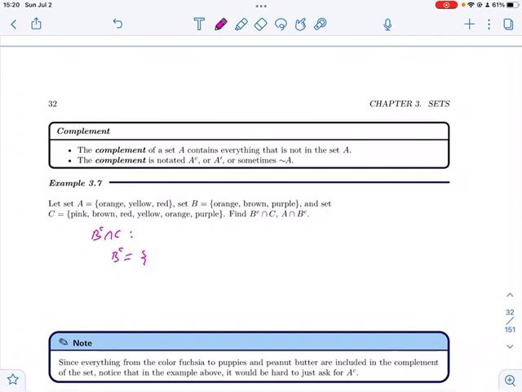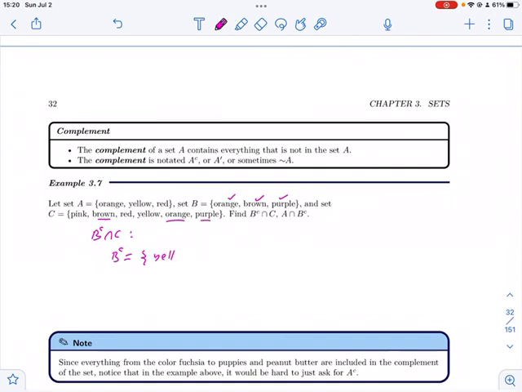So we want to find B complement. B has orange, brown, and purple. What do we need to complete this, to include all these colors? It has orange and brown. It has purple. So it needs yellow. It needs pink. It needs red.